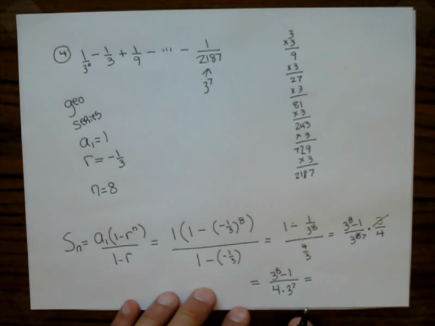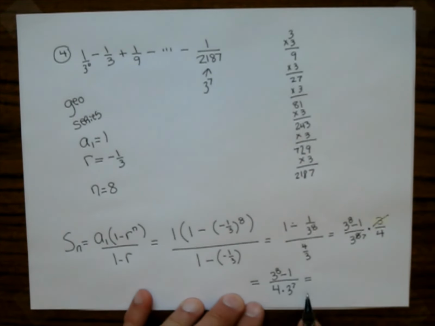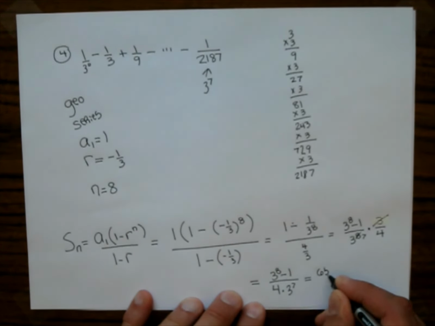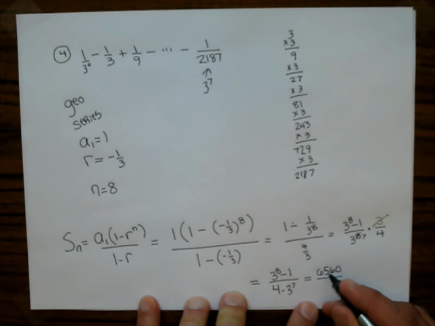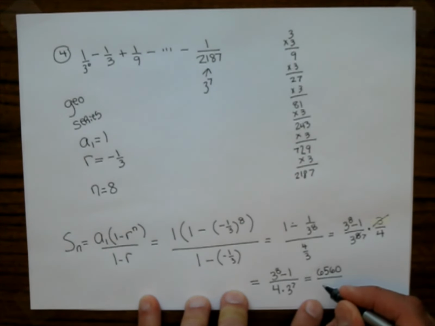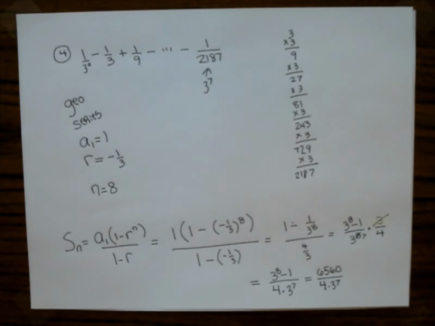And so, you could work this out a little more. Like what I said, 3 to the 8th minus 1 is 6560. And then we have 4 times 3 to the 7th. I think we can divide that by 4.